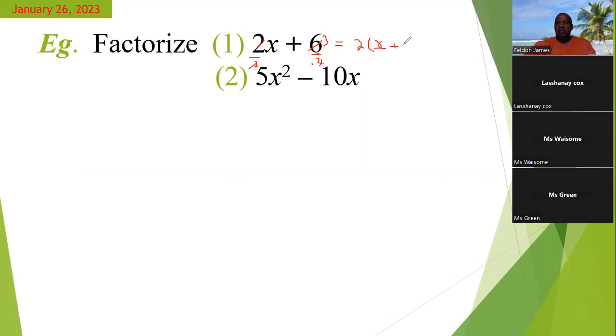So here we would put 3 in the brackets after we finish dividing that term, and then we close our bracket. So when we factorize 2x plus 6, the factors are 2, bracket, x plus 3. These are the factors. Is that clear, guys? Let me see your hands if you are clear.